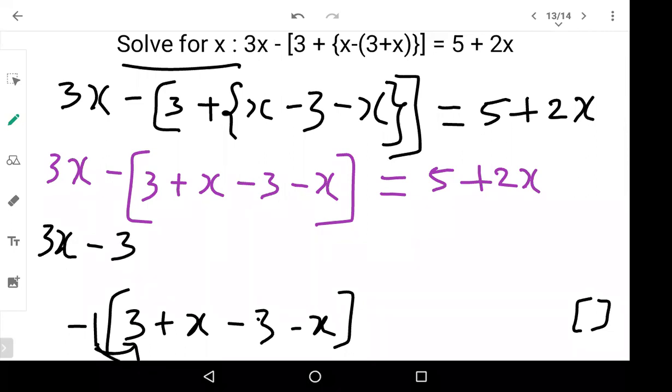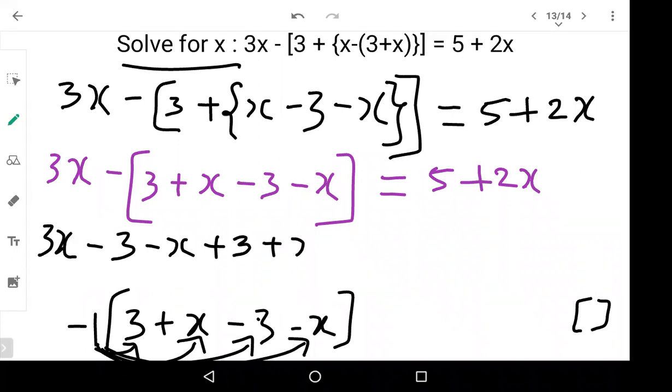Then minus 1 into x is minus x, correct? Then minus 1 into minus 3. Minus into minus is plus, so plus 3. Then minus 1 into minus x. Minus into minus again plus, so plus x. Okay. So this bracket is also taken out, is equal to 5 plus 2x.